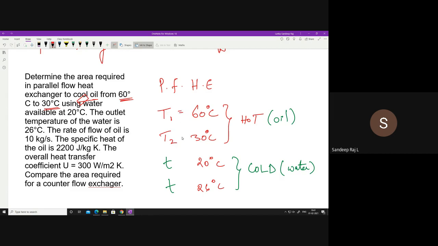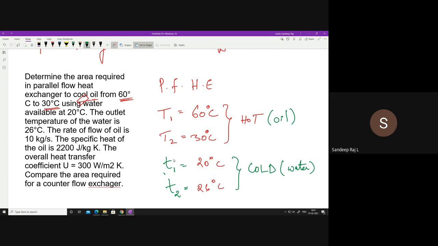So this is capital T1, capital T2. The cold water is available at 20 degrees centigrade, so it enters with 20 and leaves with 26 degrees centigrade. Entry we write with suffix 1 and exit with suffix 2. This is how nomenclature is taken in your data book, and that's why I'm using the same thing here.